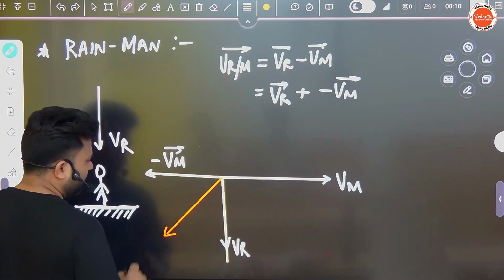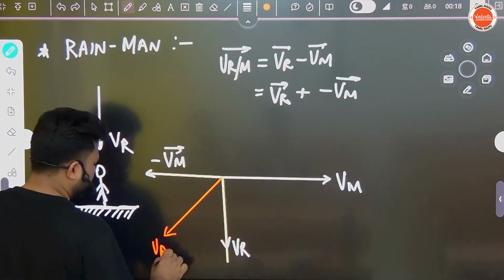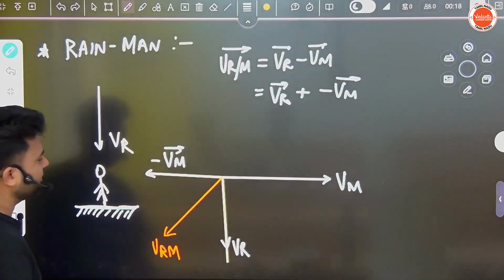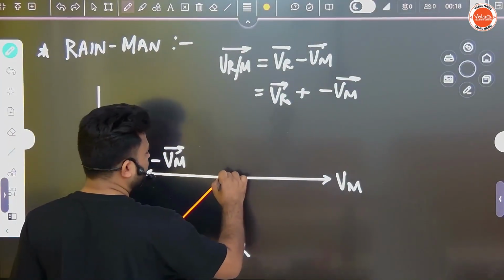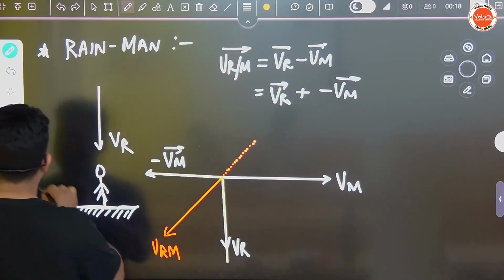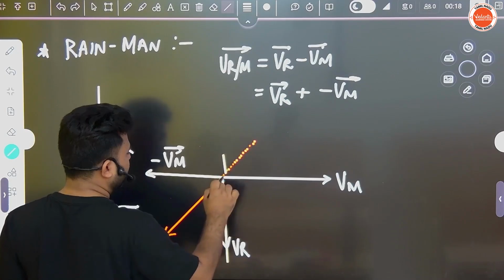So this will be velocity of rain with respect to man. So rain is coming in this direction. That's why sometimes they ask, at what angle you should put the umbrella? This kind of question they ask.